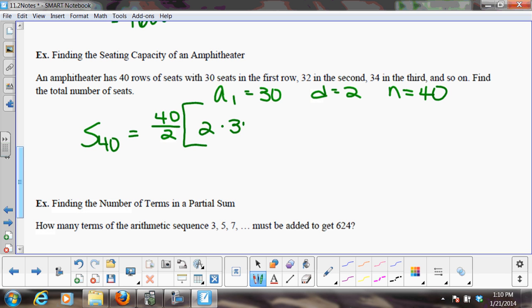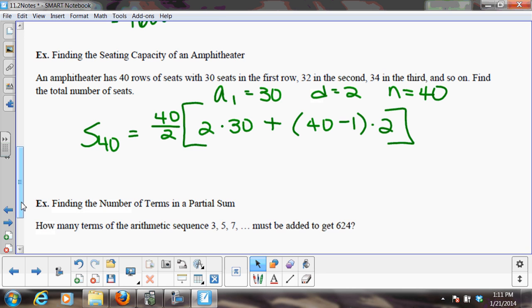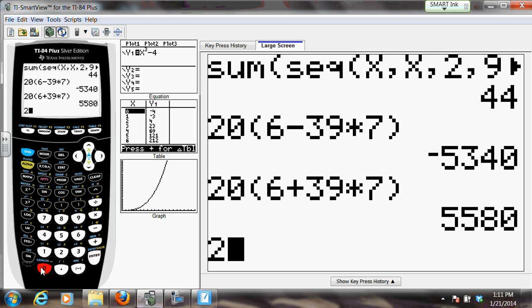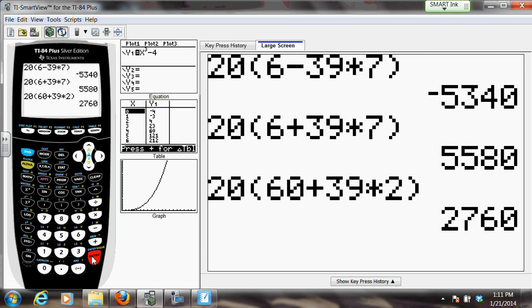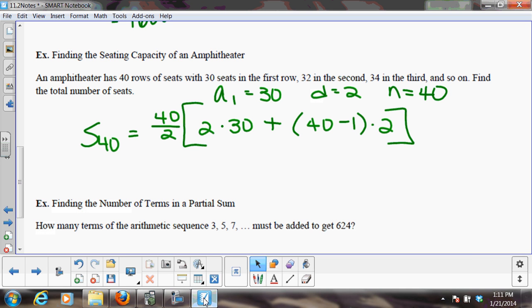So 2 times 30 plus 40 minus 1 times 2. So we have 20 parentheses 60, 2 times 30, 60 plus 39 times 2. 2760, correct.